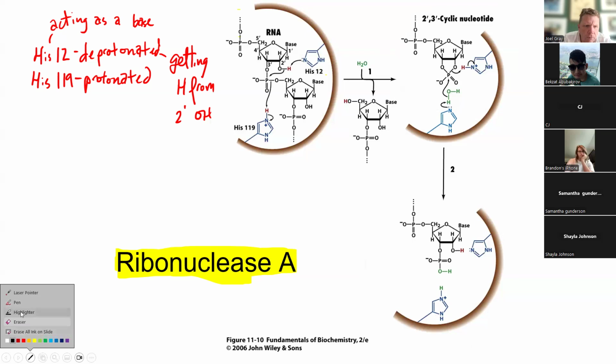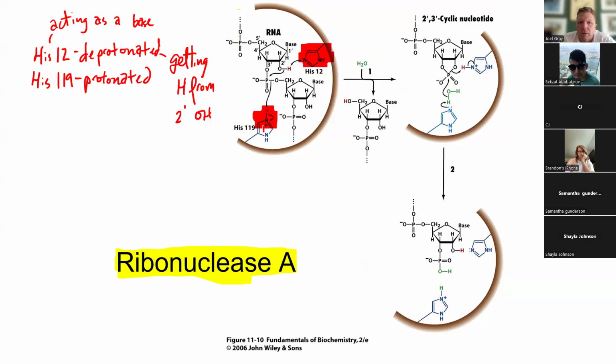Okay. Well, one of the questions that I always like to ask and get y'all to ponder has what I think is a pretty straightforward answer. Let's say that this histidine, and this histidine, these two histidine residues were mutated to another amino acid, and you can go in any direction with this.